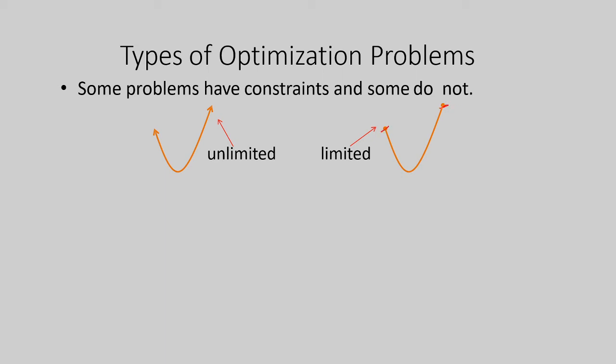Within this bound or limit we try to find the optimal solutions. In case of unlimited, there is no restriction. We can keep on increasing or decreasing the values, and at some point we try to find the optimal value. So this is the unlimited constraints case.